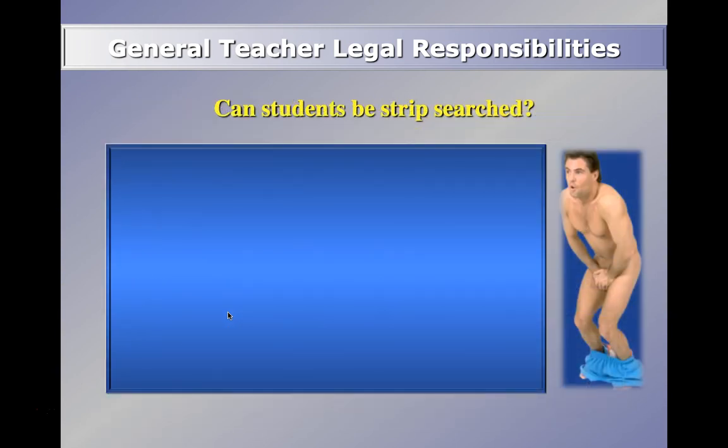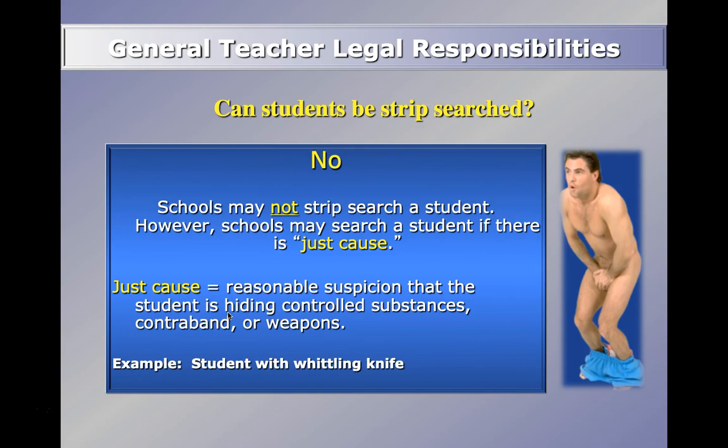Can you strip search kids? You know, sometimes you think by the age of the kid, if you're a second grader or third grader, kindergarten kid, you can put their hand in their pockets to retrieve something. But again, it applies to all kids. No, schools cannot strip search a student, but you can search a student if there is just cause.